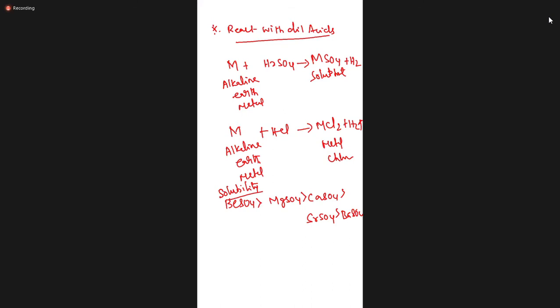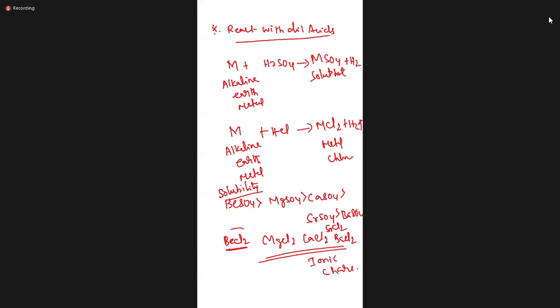Next, going to chlorides. Beryllium chloride I already told about. Magnesium chloride, calcium chloride, barium chloride, strontium chloride: down the group, ionic character increases. This is the most important point.